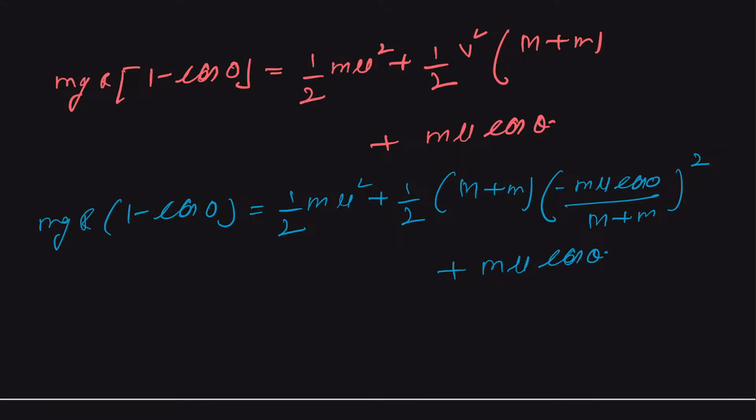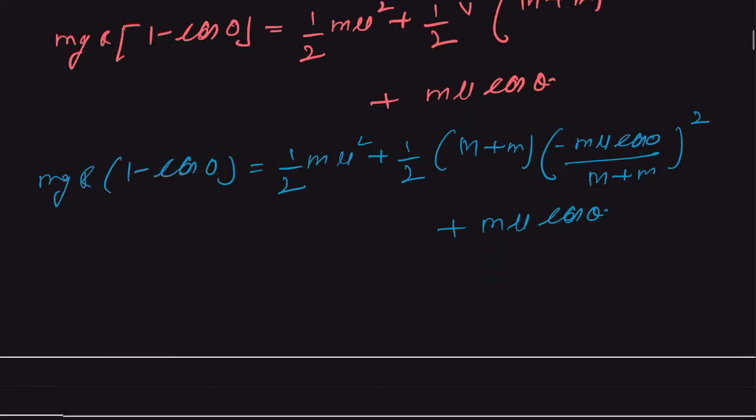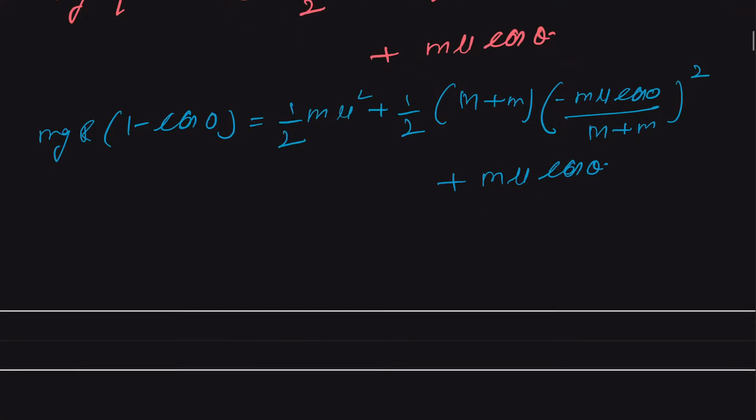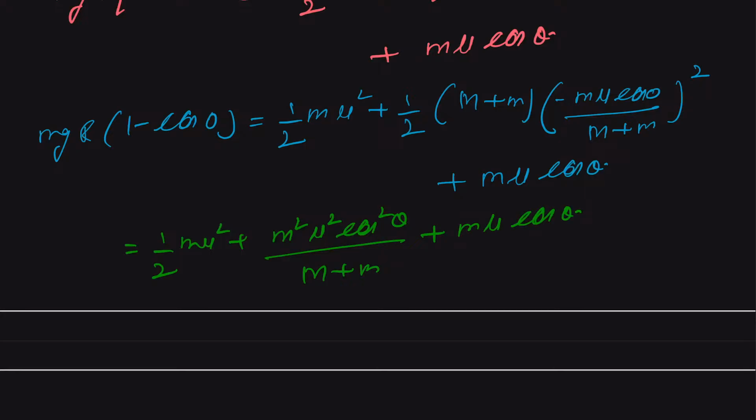This is quite easy to solve, so let us sort it out. The left side we keep as it is, and on the right we get half m u square plus m square u square cos square theta divided by M plus small m, plus m u cos of theta.